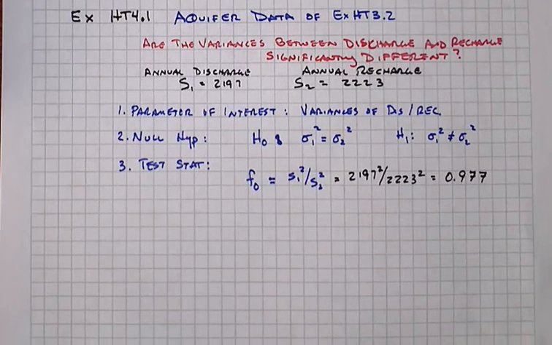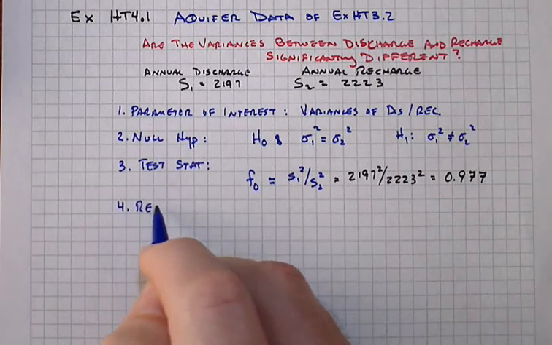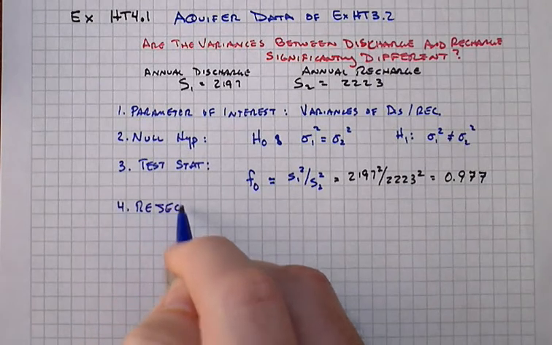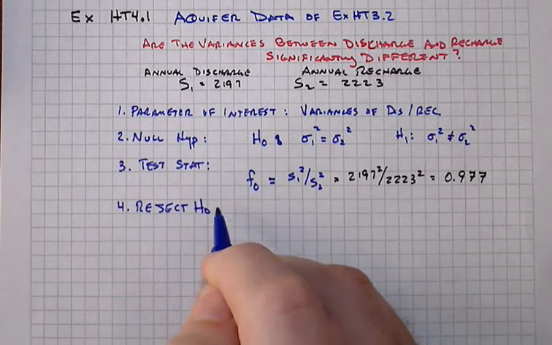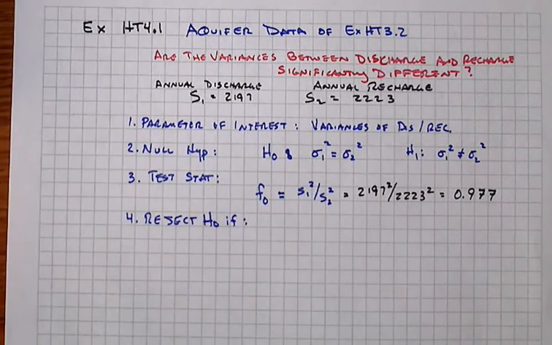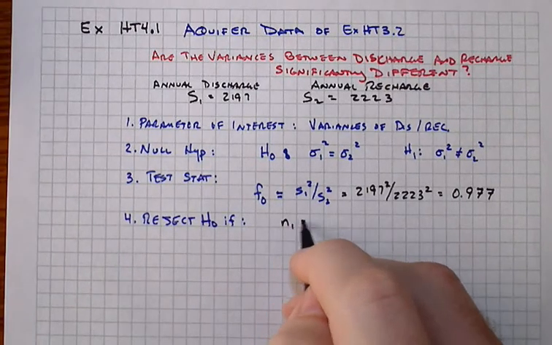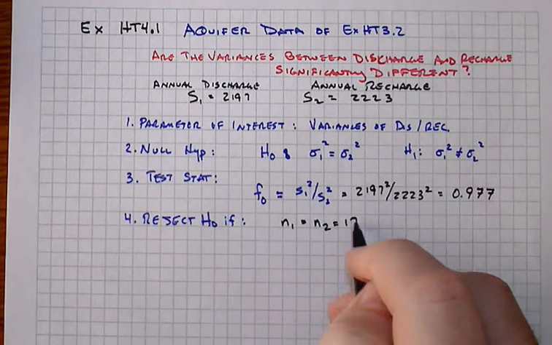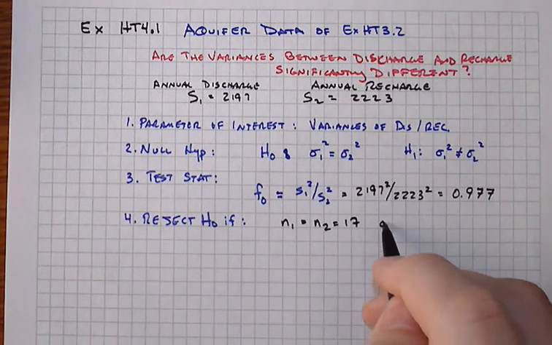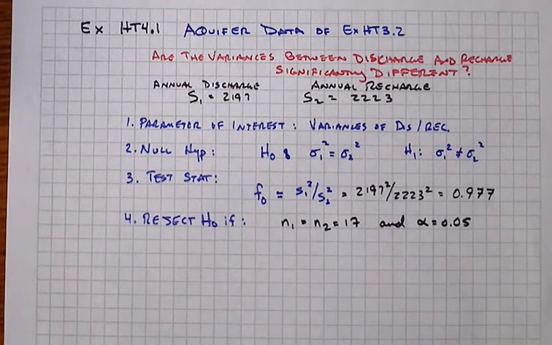Now, the operating rule that we're going to follow here is that we'll reject our null hypothesis if, well, our situation is that n1 is equal to n2 is equal to 17, and we're going to let our significance level be 0.05.